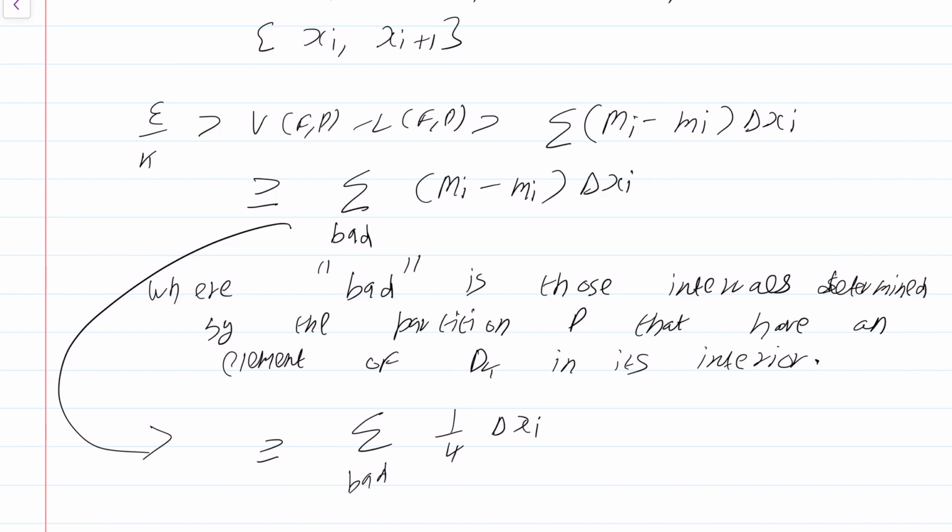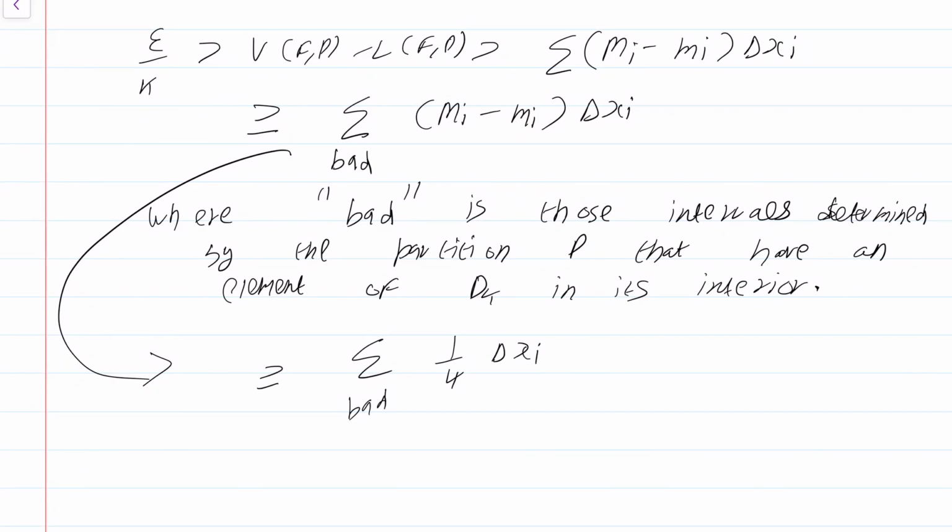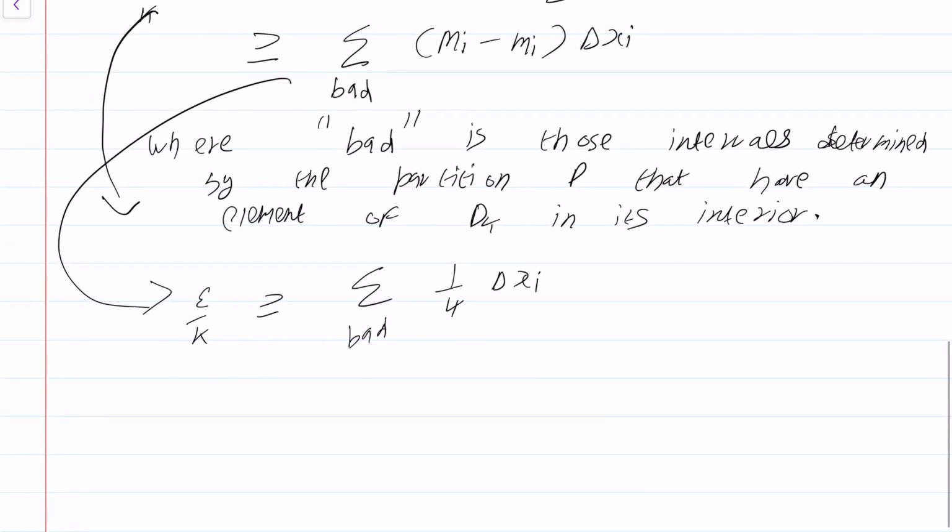Right? Now, how does this help? Well, we already know that the original quantity was epsilon by k. So what we get is the summation over bad of delta xi is strictly less than epsilon. Right? Seems like a miracle has happened, but nothing much has happened. All that has happened is that k and k have gotten cancelled.